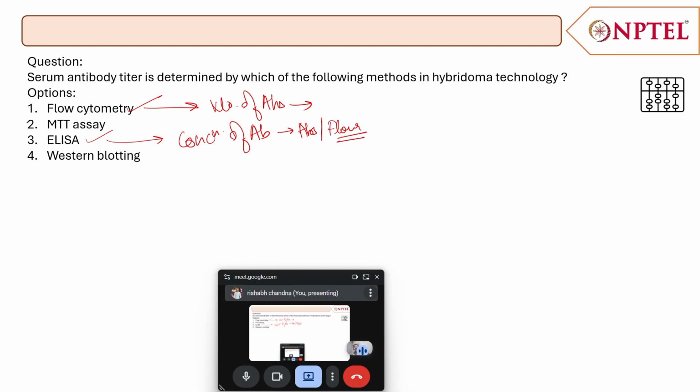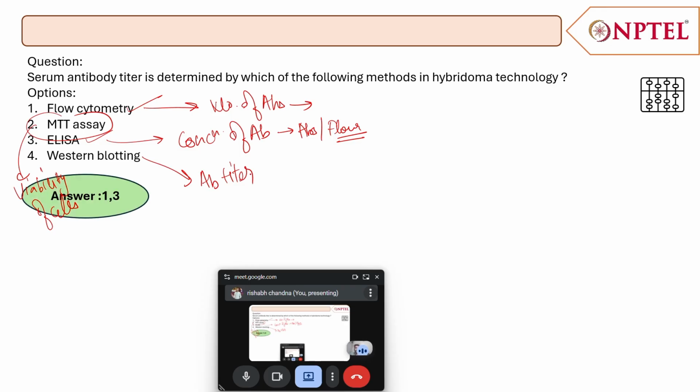Okay, the MTT assay basically determines the viability, and Western blotting will not be able to be used for the detection of the antibody titer. Okay, so the correct answers are 1 and 3.